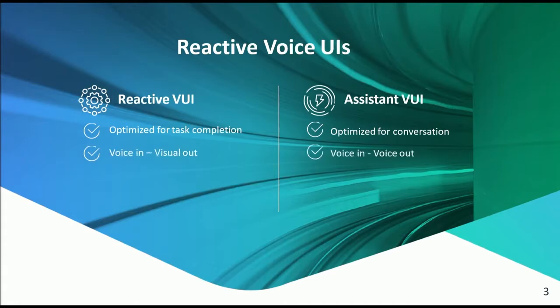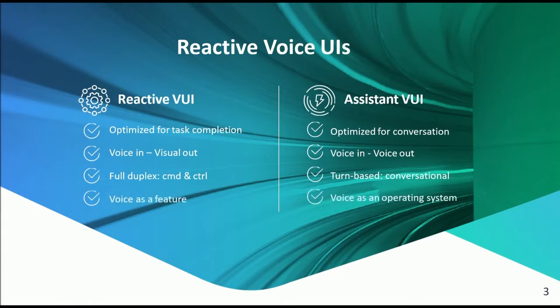The other distinction is that when an assistant voice UI uses voice both to get input to the system and get output back from the system, a reactive voice UI uses voice to get input and visual to get output back from the system to the user. The third distinction is that this allows you to leverage multiple modalities, and create interactions where the information processing is a lot more efficient, because information exchange happens in a full duplex way, where information is processed simultaneously back and forth between the user and the system, whereas traditional assistant voice UIs focus on a turn-based approach.